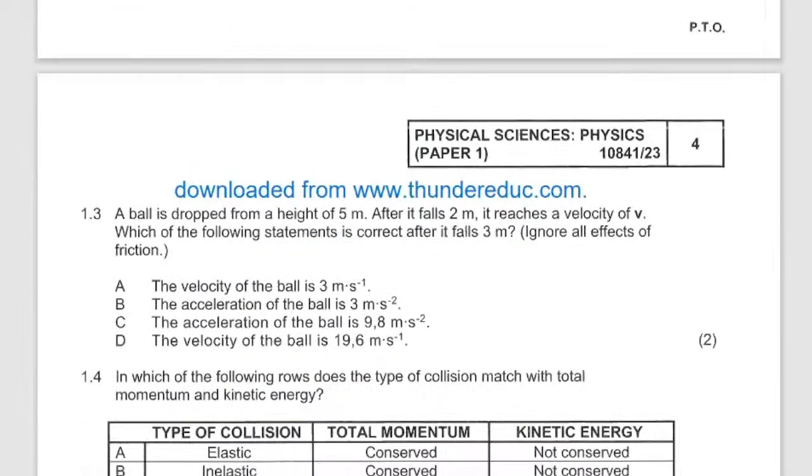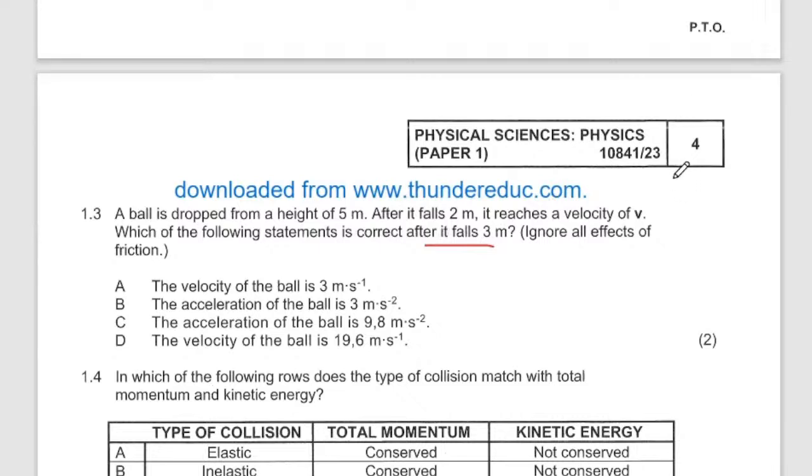Then now 1.3. The ball is dropped from a height, and after it falls, the ball reaches a velocity. Which of the following is correct after it falls 3 meters?